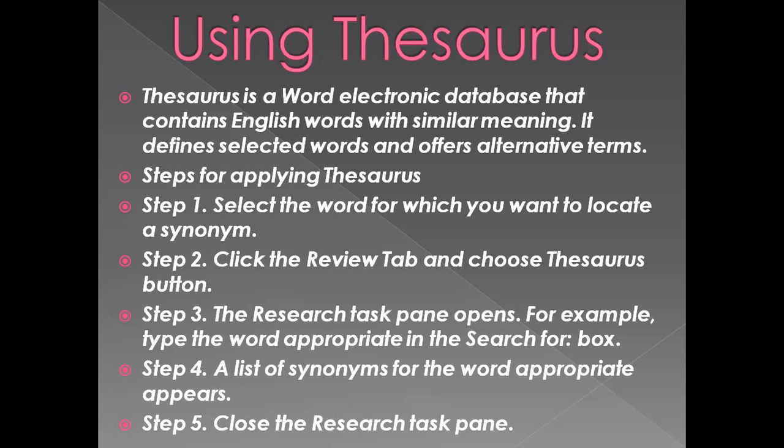If you want to apply the thesaurus, then follow the given steps. Step 1. Select the word for which you want to locate synonyms. Step 2. Click the Review tab and choose the Thesaurus button. Step 3.